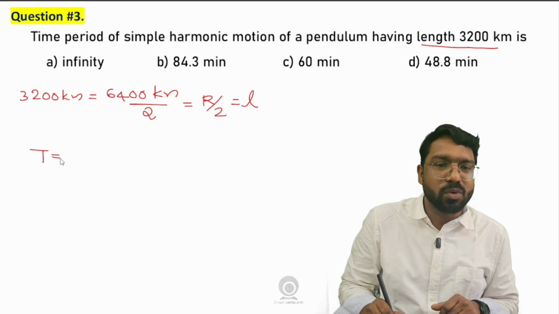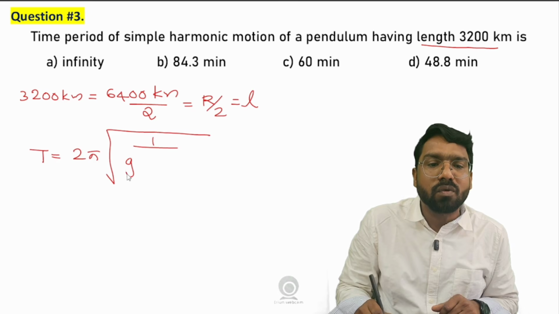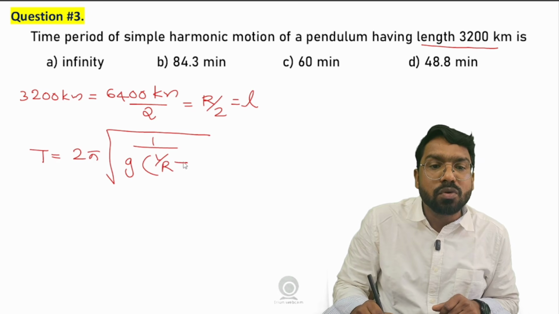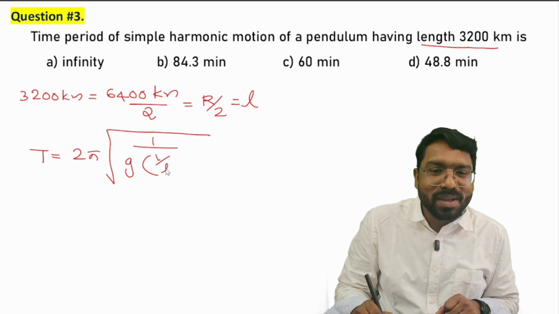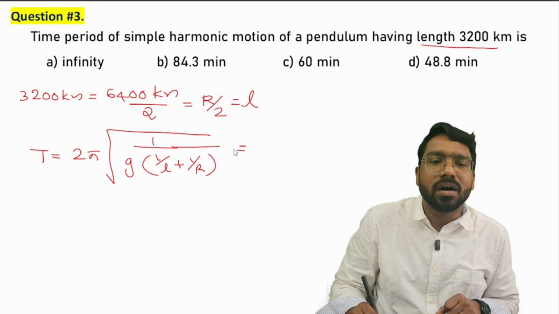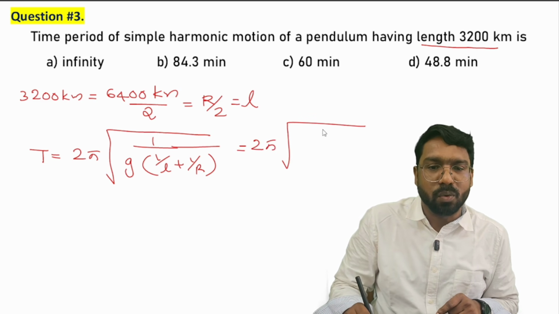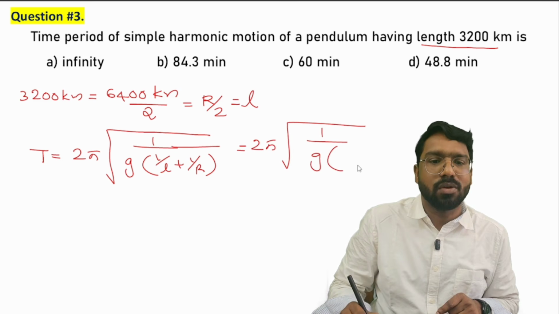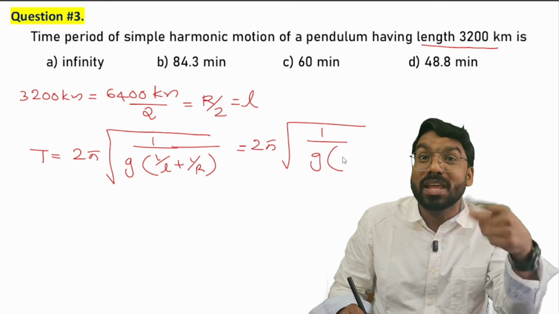So our equation is T equal to 2 pi root 1 by g into 1 by r plus 1 by L. So give r by 2 instead of L. So what you will get? 2 pi root 1 by g into, 1 by L, where L is r by 2, so 1 by L is 2 by r.